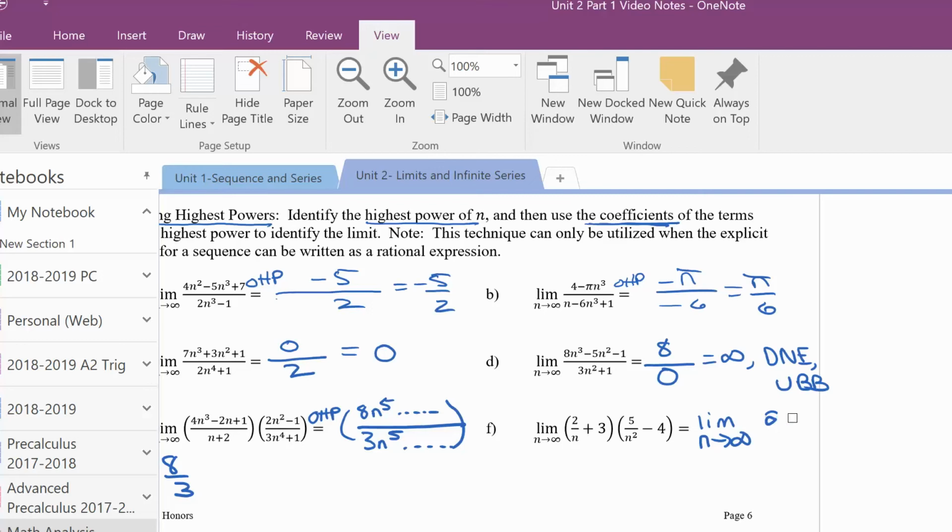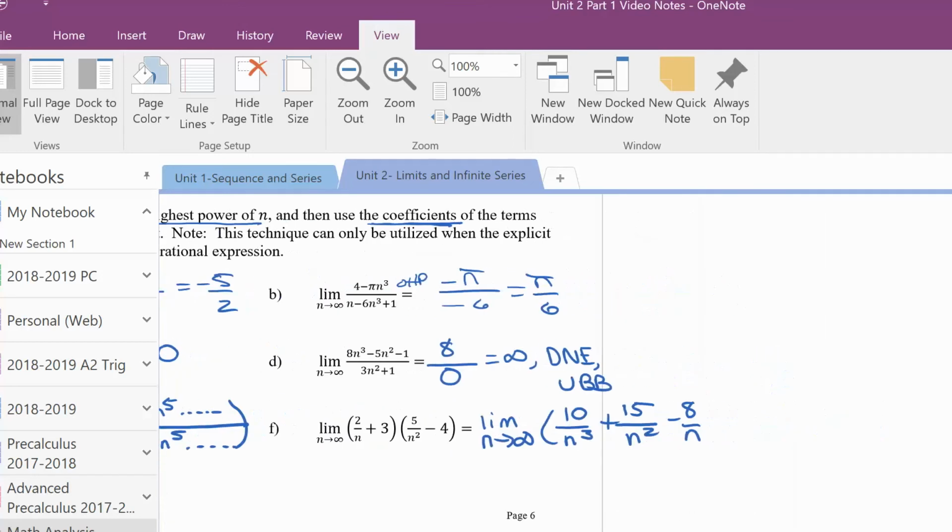If we were to FOIL, we would get 10 over n to the third plus 15 over n squared minus 8 over n minus 12.